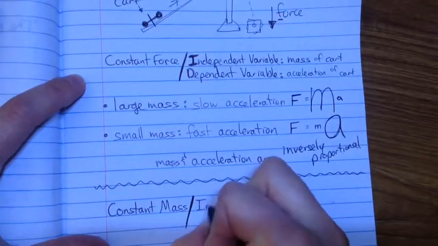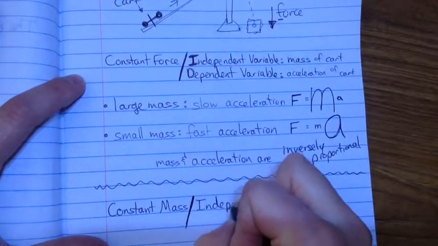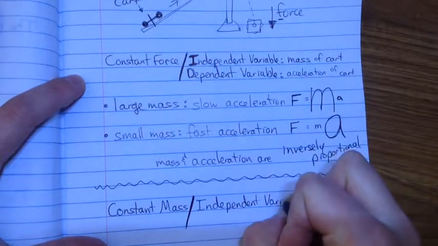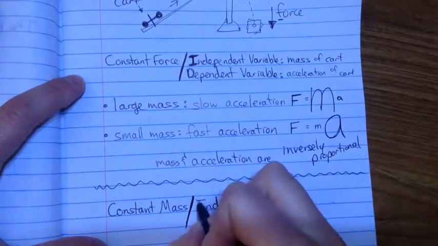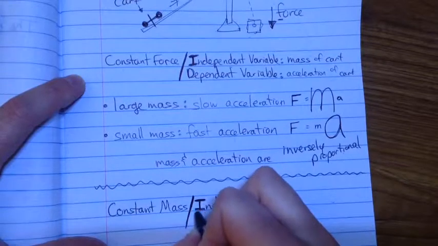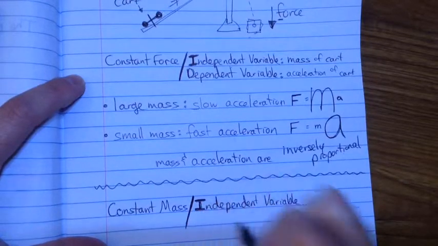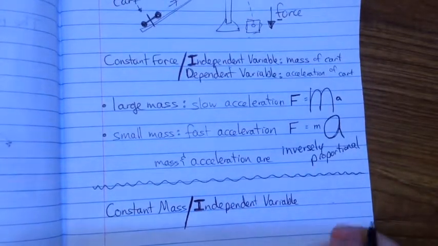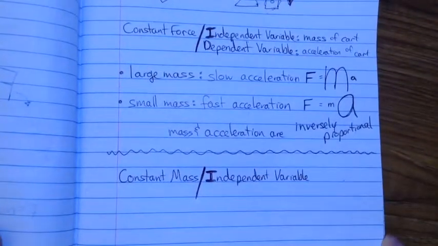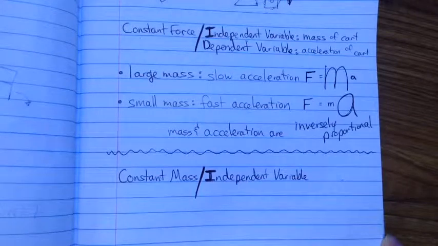My independent variable: the thing that I can adjust, that I can change, that I can manipulate, that I can alter. What would be an independent variable that I can change or control?